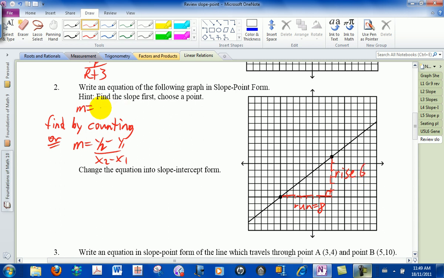Okay, so your rise is 6 squares high. Your run is 8 squares long. What's your actual answer? Yeah, divide by 2, you get 3 over 4.